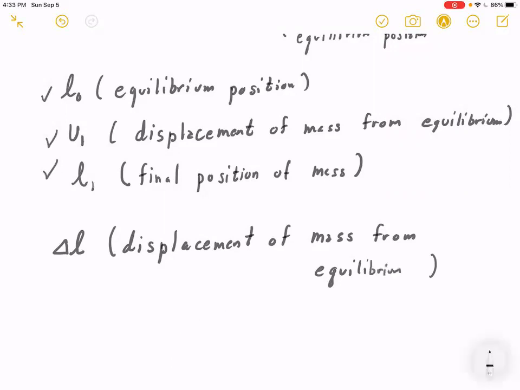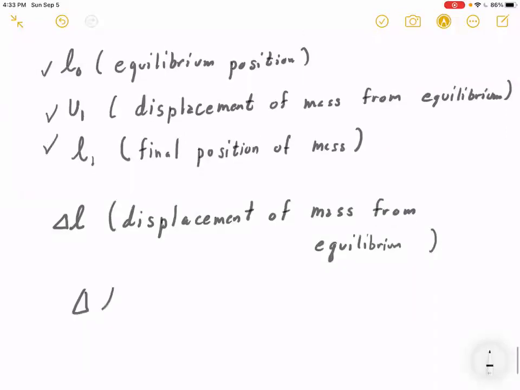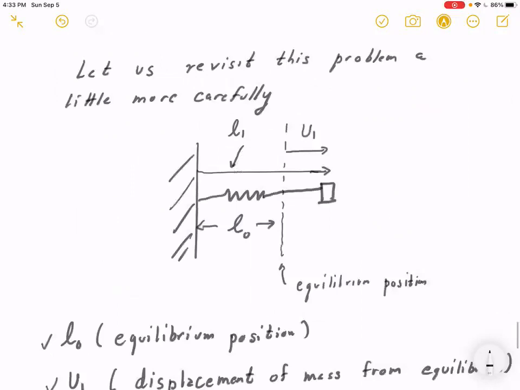And so what have we discovered? The change in L, the displacement of the mass from equilibrium, is just the final position minus its equilibrium or initial position. And so that's going to be L naught plus U1. Look at the diagram.